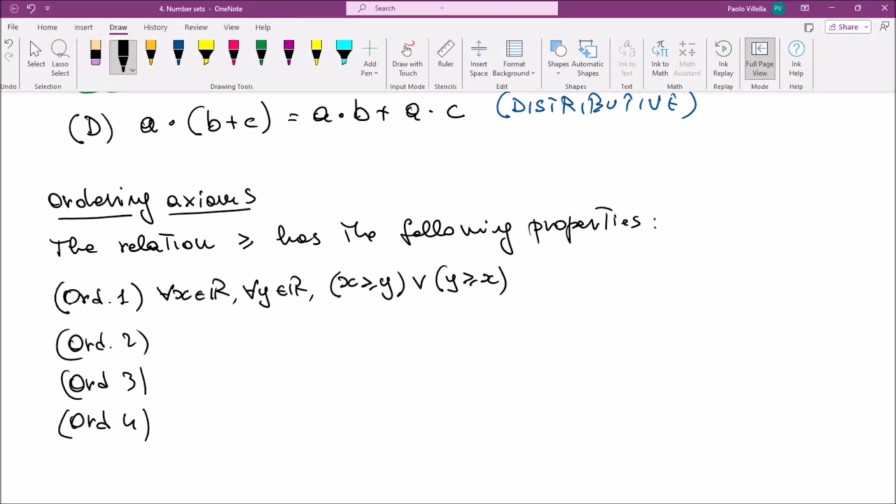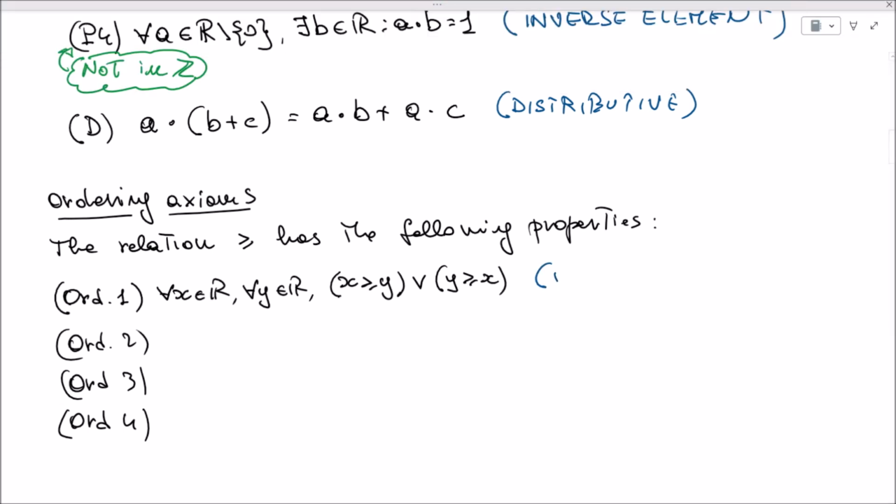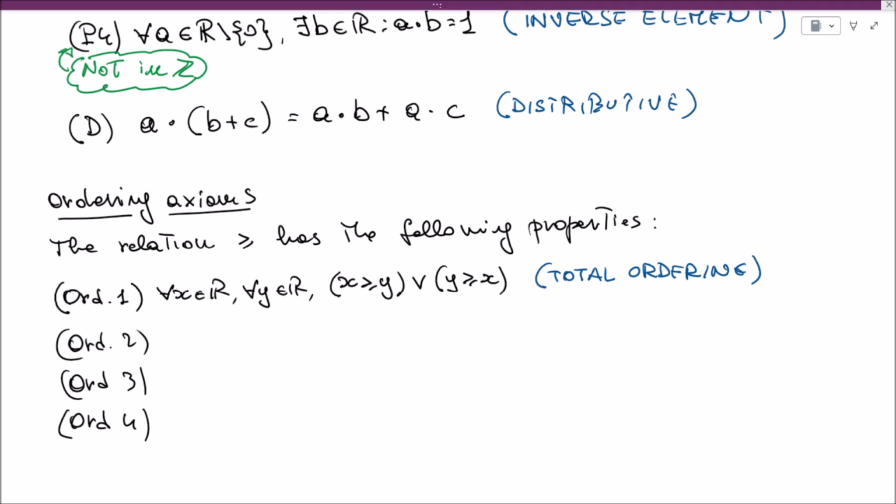And this is what is usually referred to as total ordering, meaning that whatever couple of numbers x and y we pick, we can always compare them with respect to the ordering criteria.